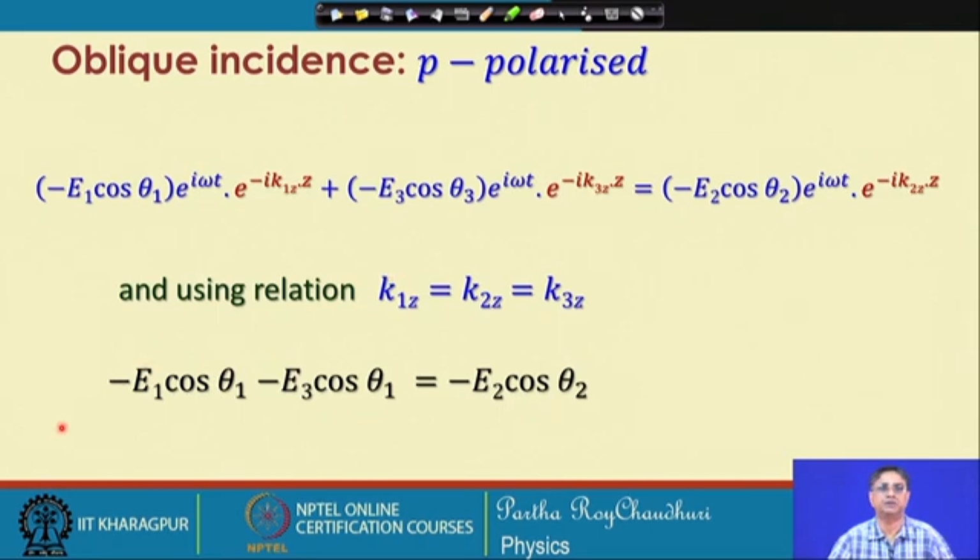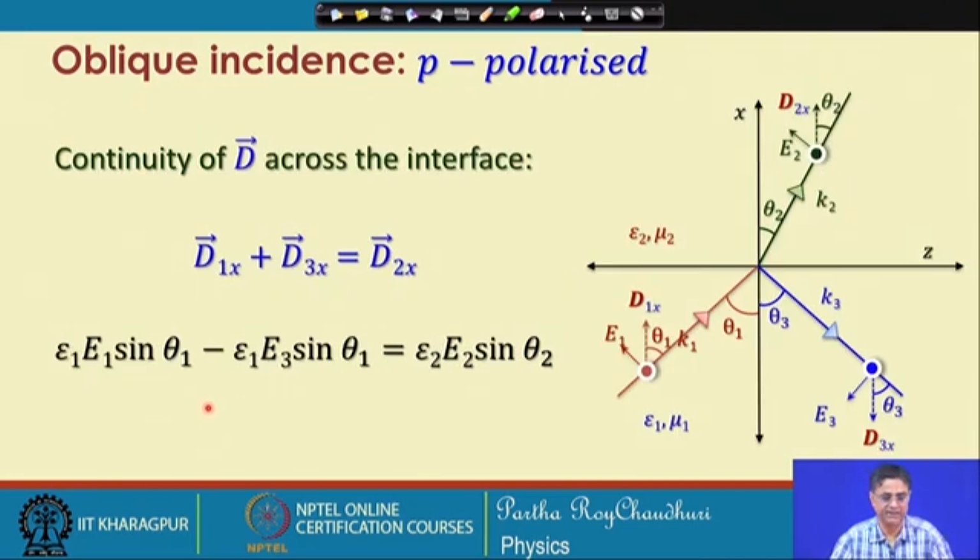Then we end up with a reduced form of this continuity equation, that E_1 cosine theta_1 minus E_3 cosine theta_1, which gives the expression for the electric field for the incident and reflected waves, will be equal to the electric field component of the transmitted wave.